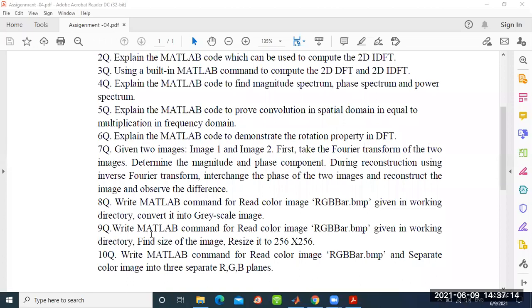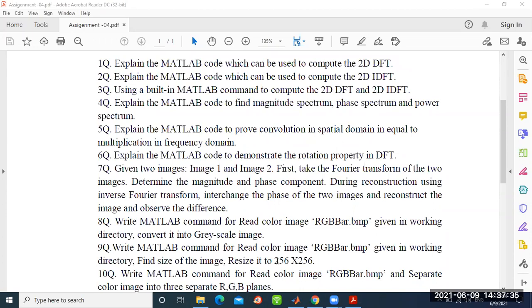We will not change the intensity of the image, we will just reduce the size from 512 by 512 to 256 by 256. In the last program, we will write a Matlab program to display the different components of an RGB image: the red component, the green component, and the blue component. So these are the Matlab programs that we are going to implement today.